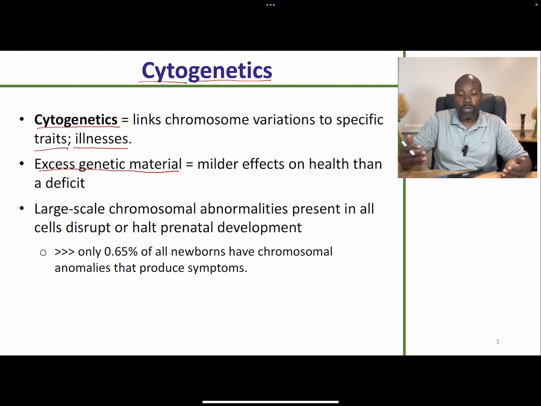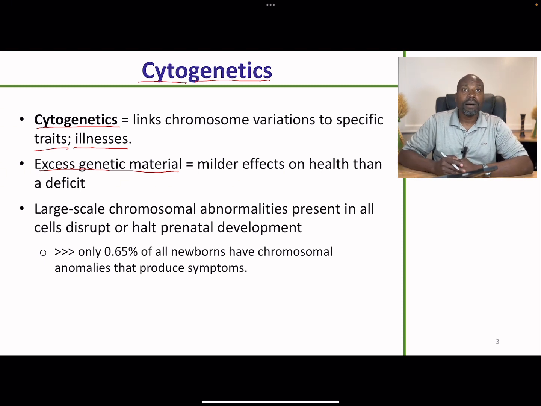We saw this during meiosis, right? So we're going to see that, you know, there are really a lot of possibilities for chromosomal abnormalities, right? And these chromosomal abnormalities, most of the time, are going to disrupt or completely stop the prenatal development.